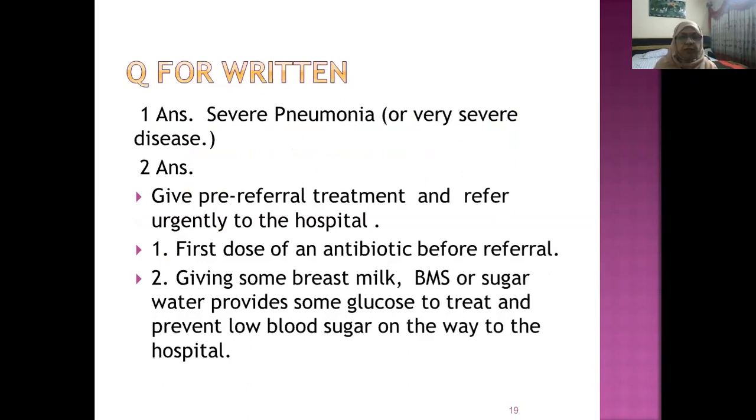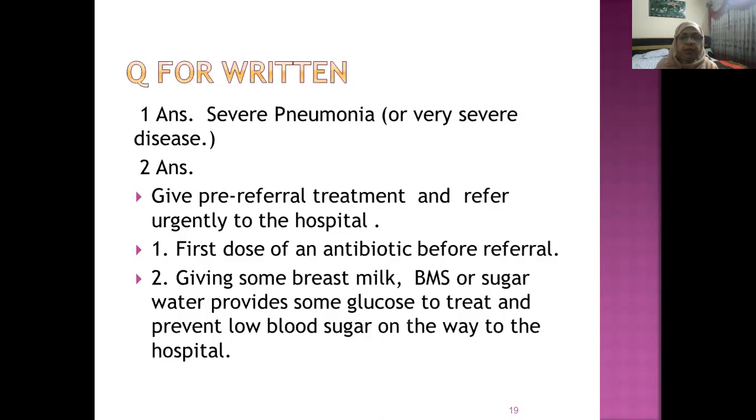The answer of the first question will be severe pneumonia or very severe disease. And the answer of the second question, you have to give pre-referral treatment and refer the child urgently to the hospital. And you have to give antibiotics as a pre-referral medication, intramuscular, mostly penicillin or amoxicillin and gentamicin.